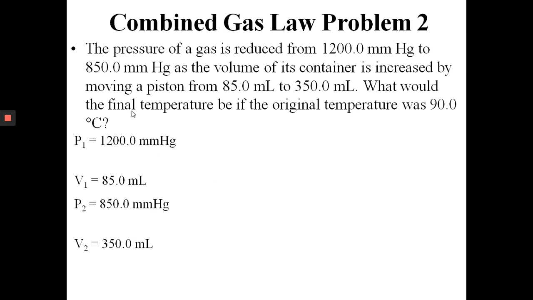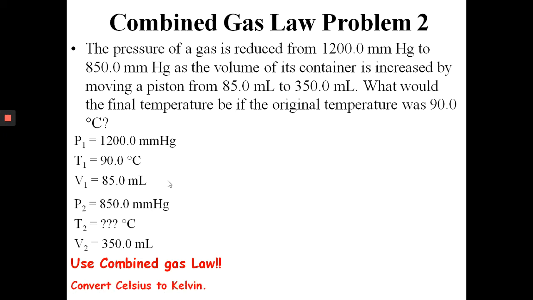Now, what would be the final temperature if my original temperature was 90.0? So my original temperature is 90.0 Celsius. I'm looking for the final temperature. Again, based on this information, we have to use the combined gas law. And also, since the temperature is given in Celsius, we have to convert this into Kelvin again by simply adding 273.